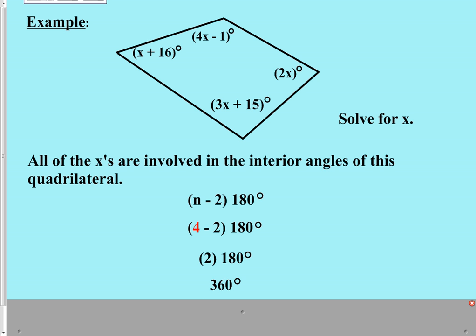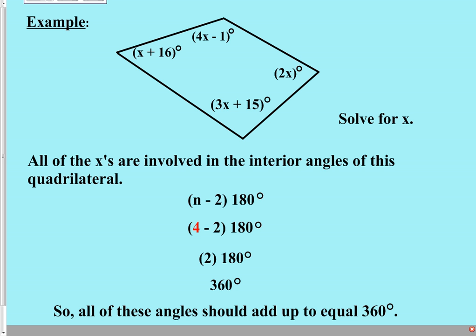Now that doesn't mean x is 360 degrees. That means that the four angles in this quadrilateral will add up to equal 360 degrees. Well, that's important information. The challenge in geometry is trying to figure out what equals what. And in this case, these four angles added up equal 360 degrees.